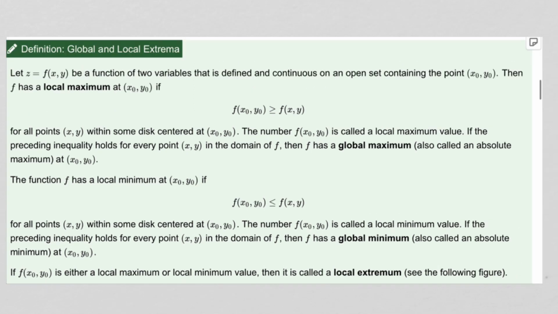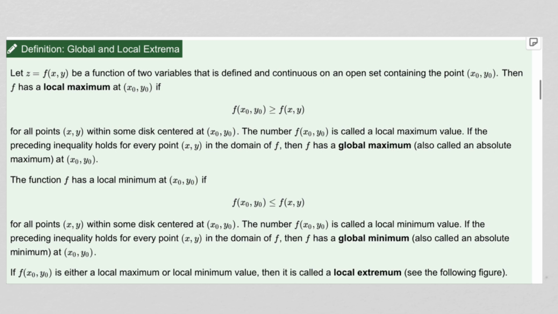A local minimum is an area on a graph that's low, but a global minimum is the area on the graph that's furthest down.